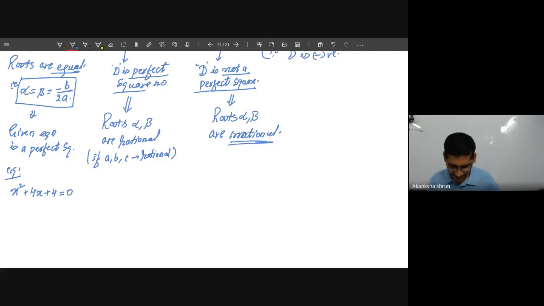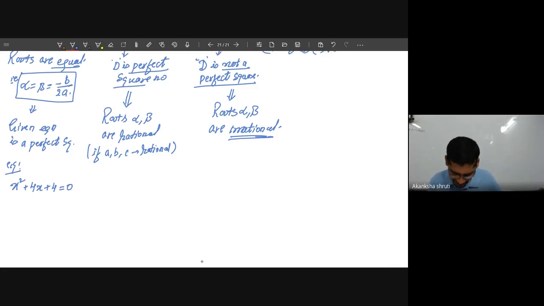By taking the discriminant, the value of D will come as 0. Calculating this D, it is b square minus 4ac, where a is 1, b is 4, c is 4. 16 minus 16, it is 0.